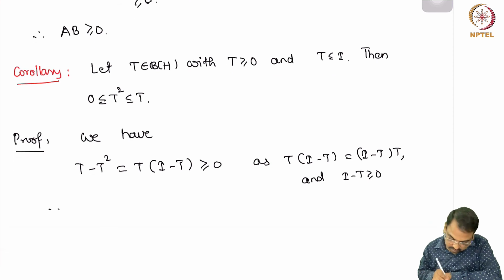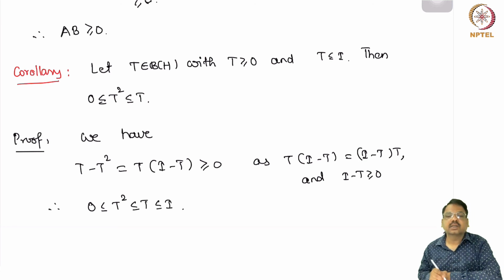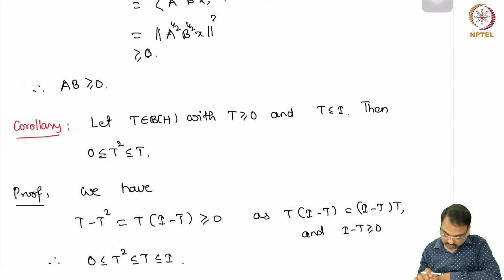Hence, therefore, 0 is less than or equal to T square, which is less than or equal to T, and we know that T is less than or equal to identity. This completes the proof of this result.